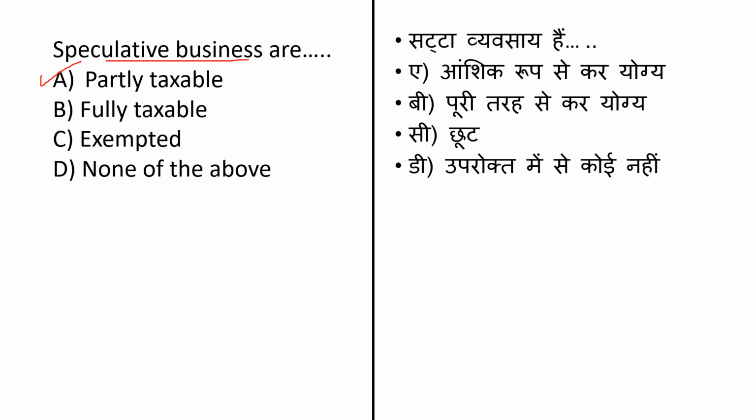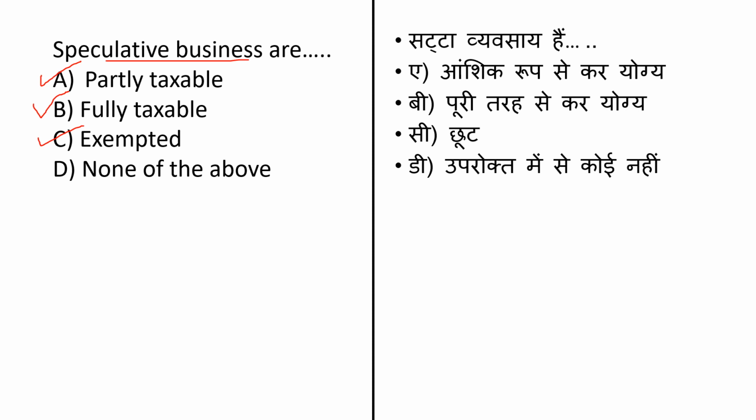Then is fully taxable. Here, what is the meaning of fully taxable? Fully taxable means whatever amount, whatever cash you are receiving will be taxable under the Income Tax Act 1961. Then is exempted. Whatever amount you are receiving will be exempt. There will be no tax under the Income Tax Act. This is the meaning of exempted.